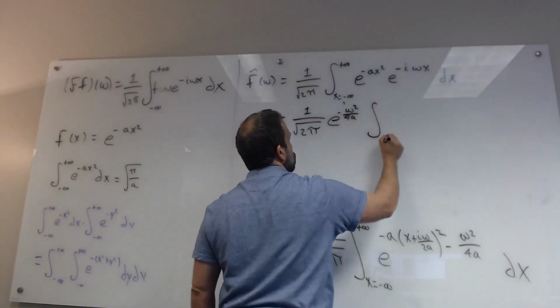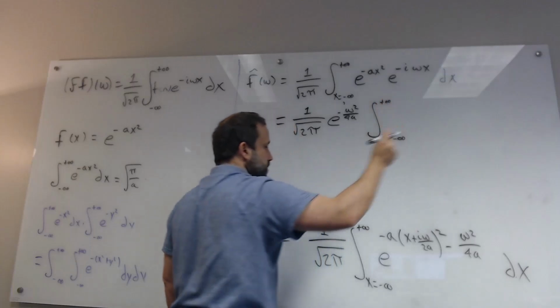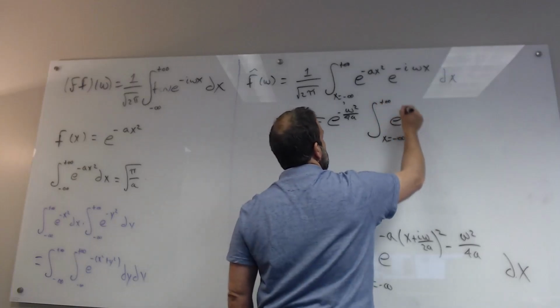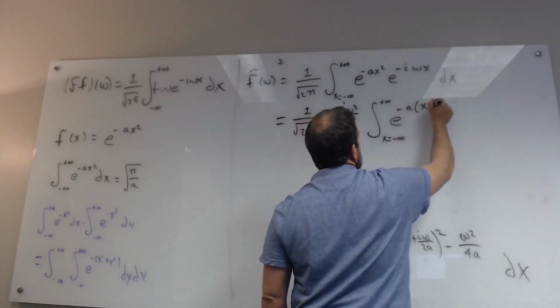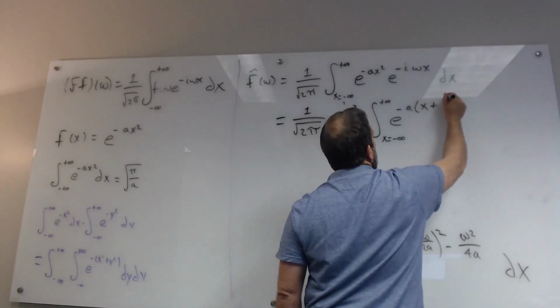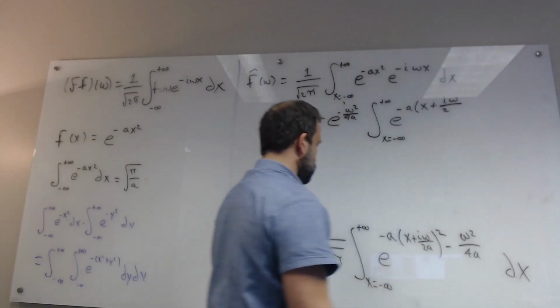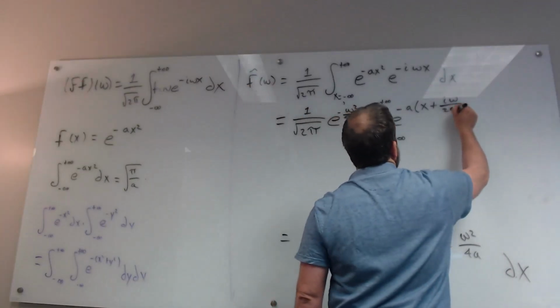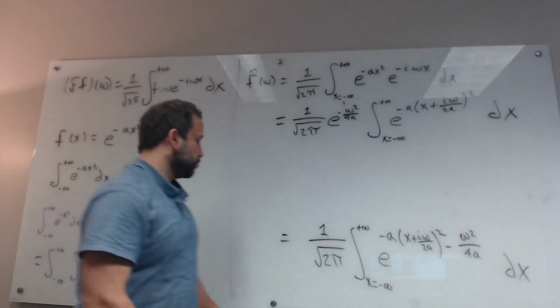Then we're going to have an integral, x equals minus infinity to positive infinity, of e to the minus a times x, I keep writing it t for some reason, x plus i omega over 2a, squared, dx.